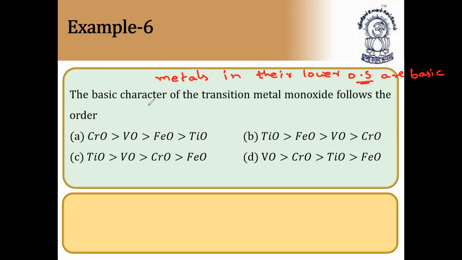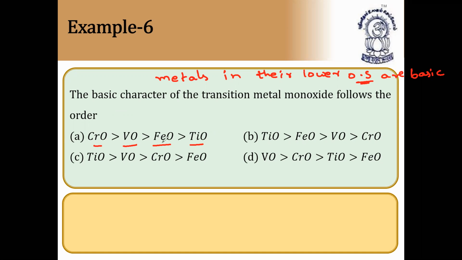So now they're asking the decreasing order of basic nature: chromium oxide, vanadium oxide, ferrous oxide, titanium oxide. If you remember the order of atomic numbers of 3d and 4d, that is why I told you they are very, very important.